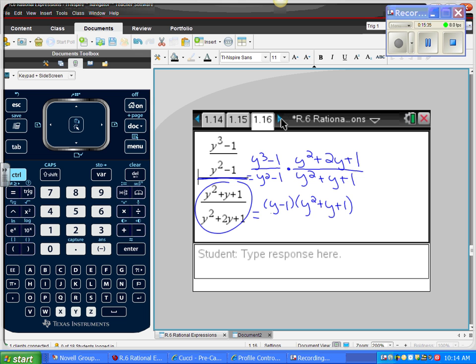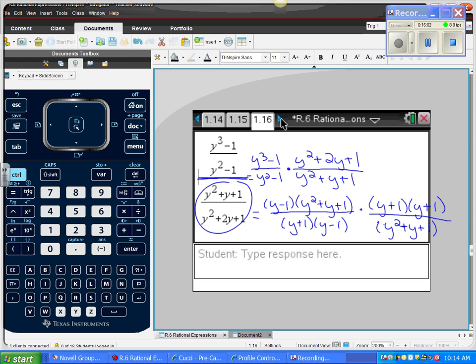Okay. Y plus 1, y minus 1 in the denominator, difference of two perfect squares. And y plus 1, y plus 1. And y squared plus y plus 1 is not factorable. We'd really like it to be, but it's not, so we're just going to leave it.